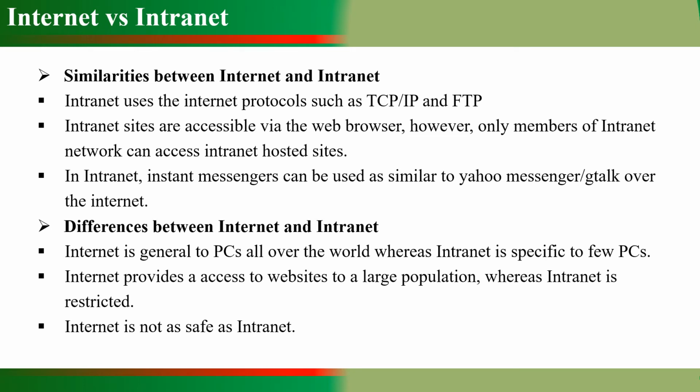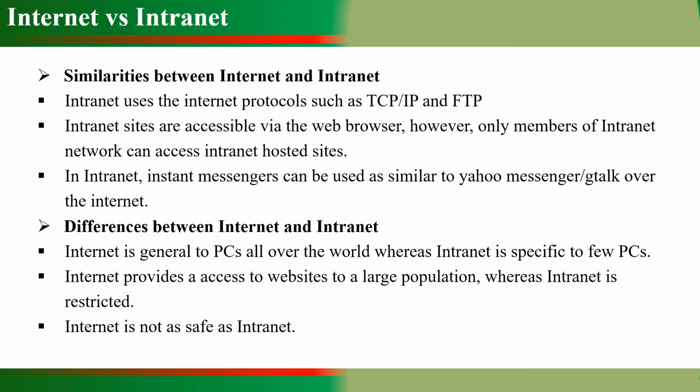Now we are going to discuss differences between internet and intranet. Internet is general to people all over the world, whereas intranet is specific to a few people. Means in case of an intranet, few people are connected, while in case of the internet, all the people are connected all over the world.